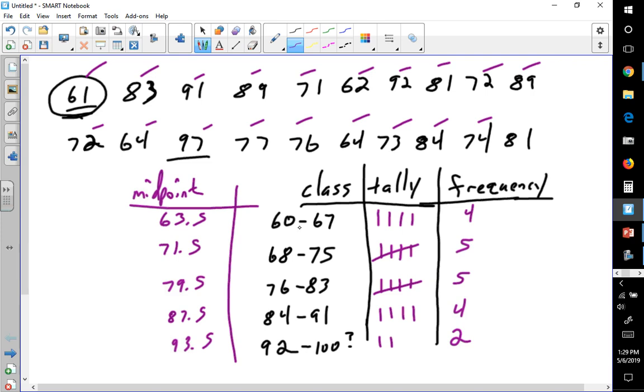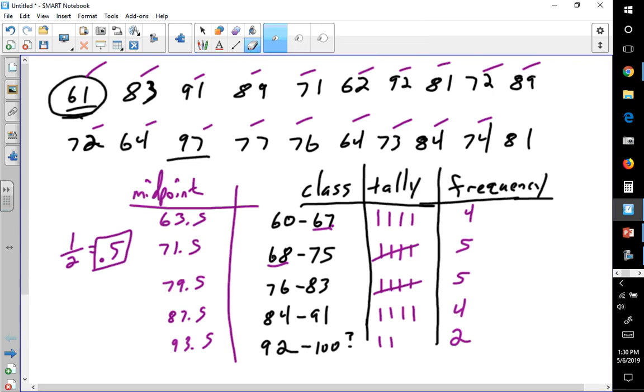But the way this book handles it is they take the difference from the upper limit from one class to the lower limit of the next, which on these, the difference from the upper limit to the next lower limit is 1. And they cut that in half. So 0.5.